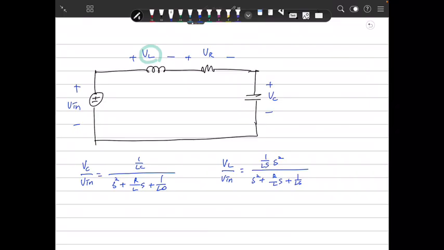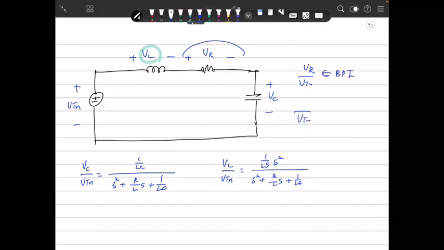So this is a high-pass filter. If you take the output at V R, then V in and V R, the type is a band-pass filter. This is a band-pass filter.